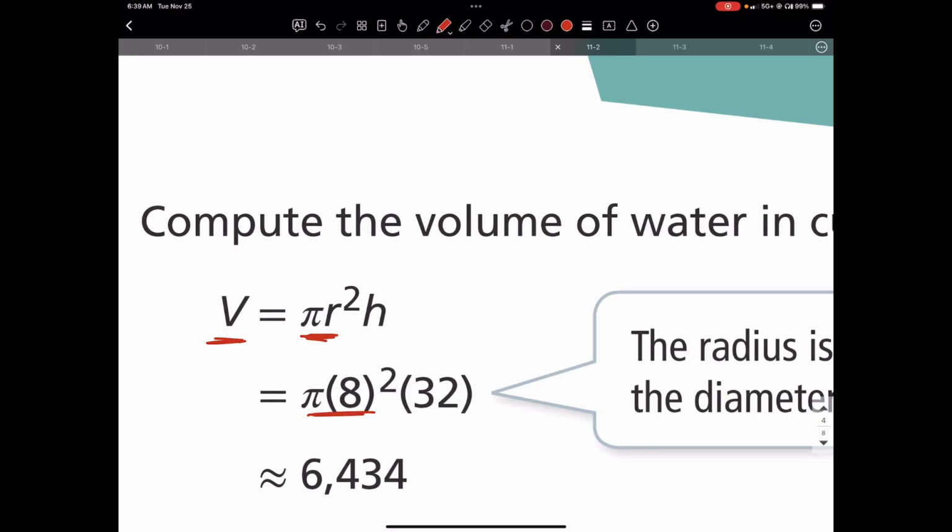This expression here, it's pi times radius squared, so it would be pi times 64, right? You have to square that radius first. Don't do pi times radius and then try to square them both. You have to square that first. So then it would be pi times 64 times 32. The book skips some steps sometimes, but I guess they figure you should know that at this point, but I just want to remind you just in case.